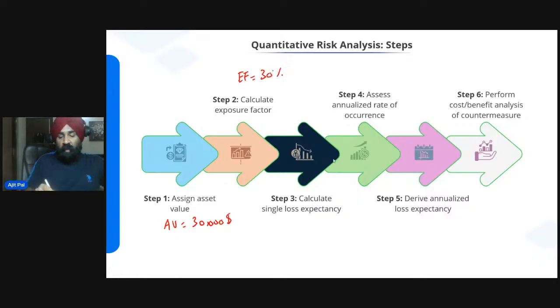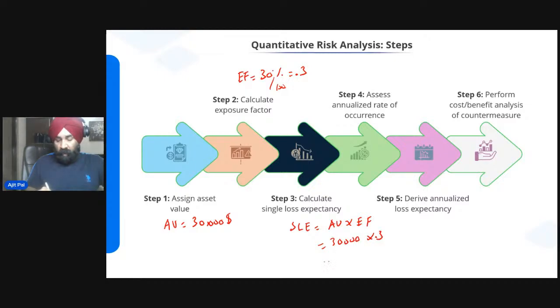So 30% is the exposure factor, that is 30 divided by 100, 0.3. What is SLE? SLE is calculated as a product of AV into EF. What is 30,000 into EF? It will be $9,000. Okay.